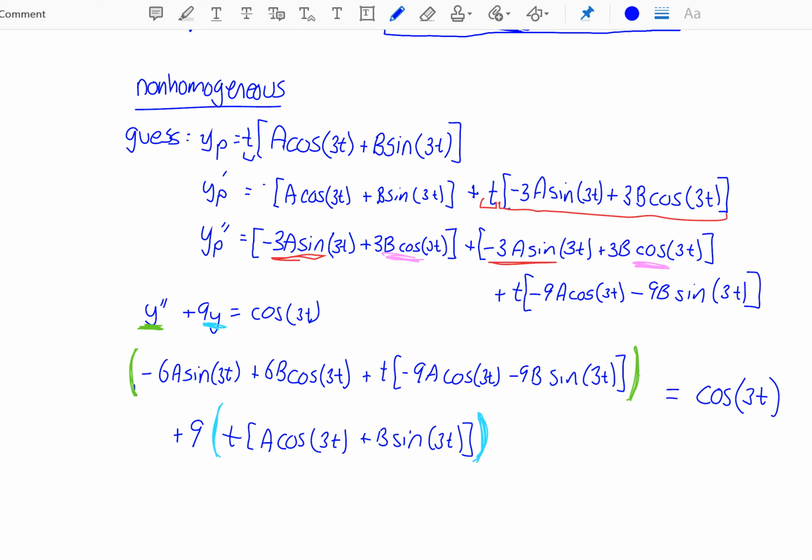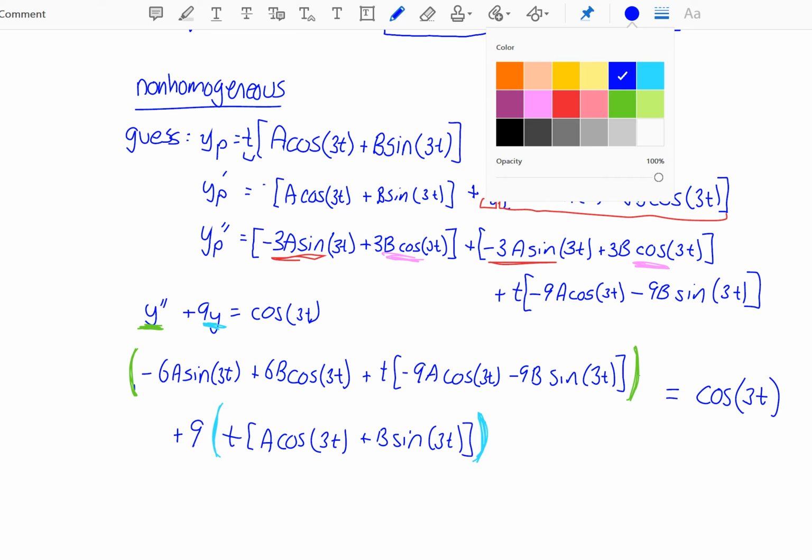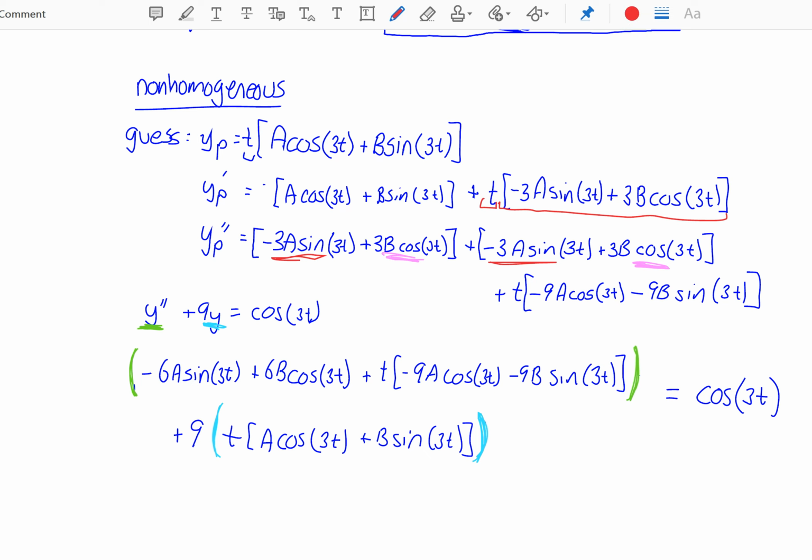So now let's start looking at combining terms together. I think what I'd like you to notice is that when you distribute these t's and this 9 into these second grouping symbols, this first one's going to be a negative 9at cosine of 3t, which should match with this one. Since they're opposite in sign, these will cancel.